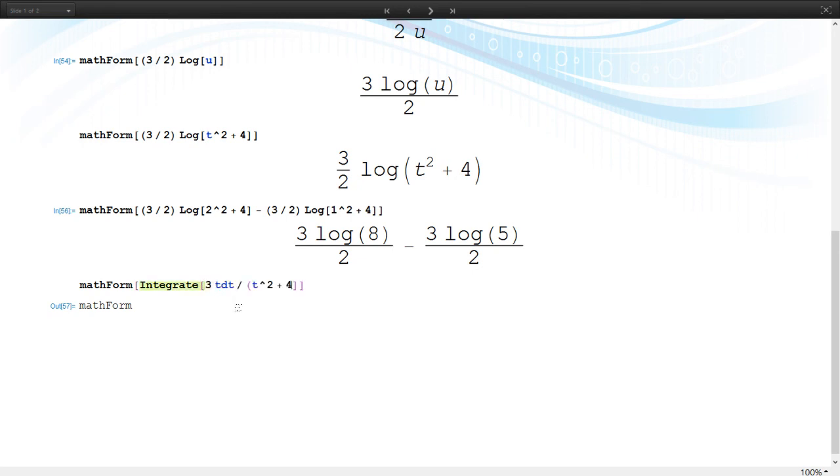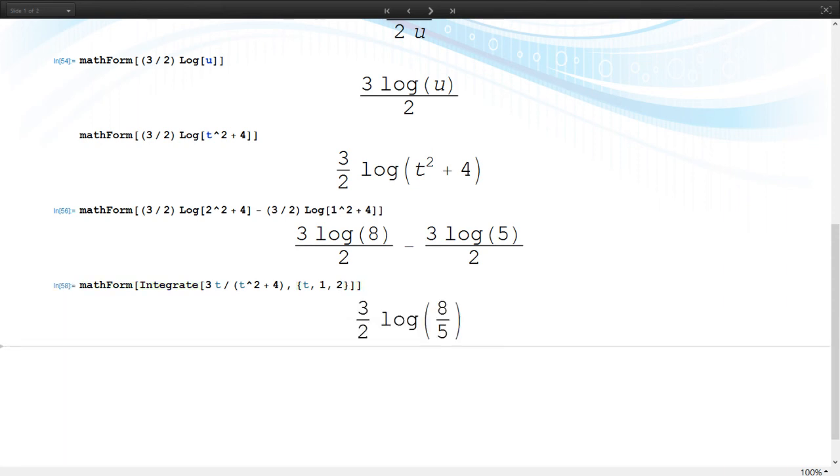Let's see what our original statement gave us in Mathematica. Yeah, so it gave us the same thing.